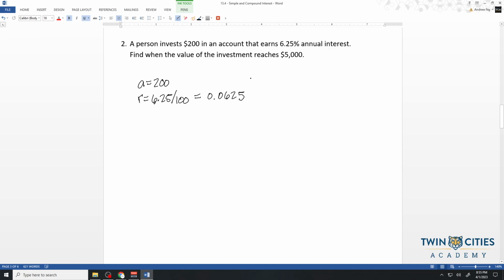Putting this together, we'll get 200, parentheses, 1 plus 0.0625, to the t.